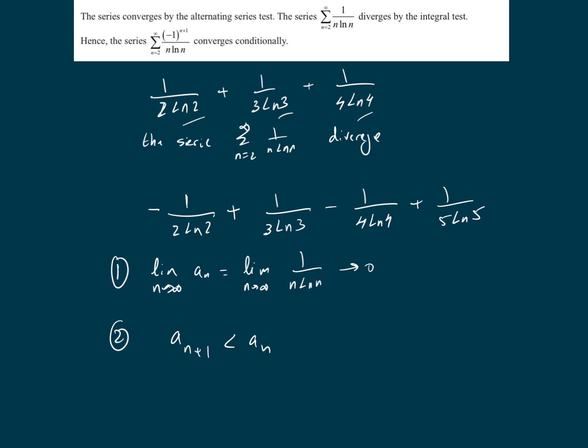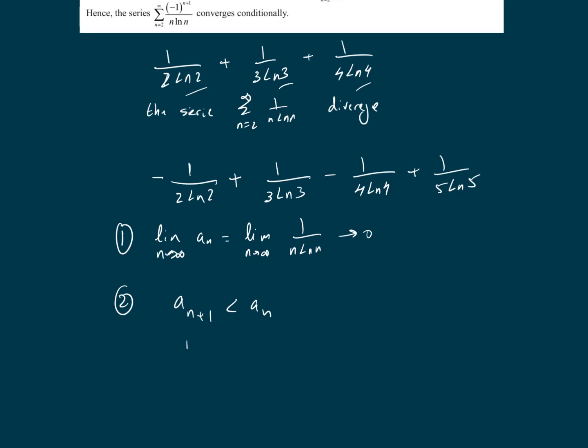So this term has to be smaller than this one, and this one has to be smaller than this one. So the question is: is 1 divided by (n plus 1) natural log of (n plus 1) smaller than 1 divided by n natural log of n?